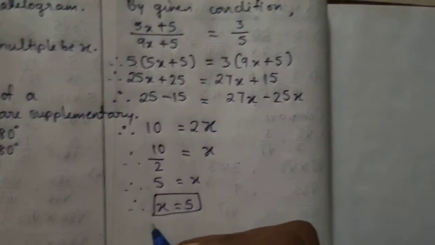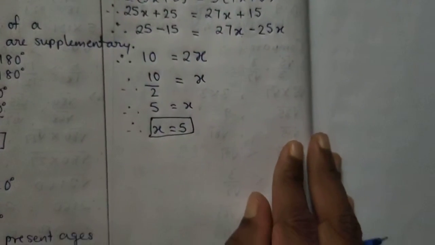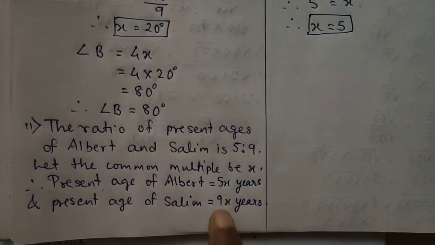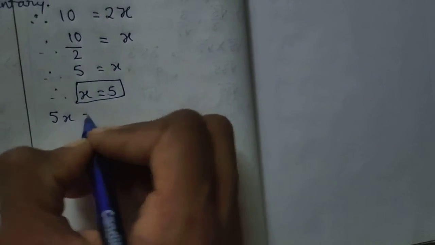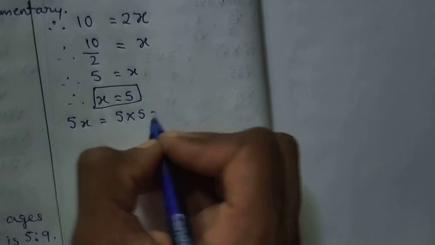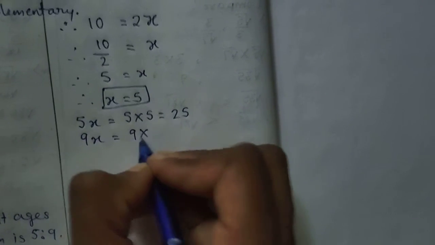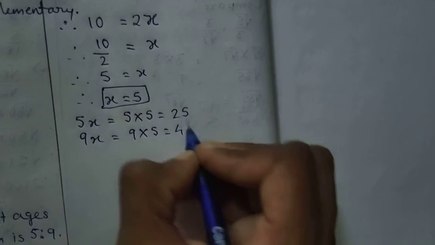Okay, so x is 5 means what? We can easily find out the present ages of Albert and Salim. You can see here present age of Albert is 5x and Salim is 9x. So 5x means 5 into 5, this becomes 25, and 9x means 9 into 5, this becomes 45.